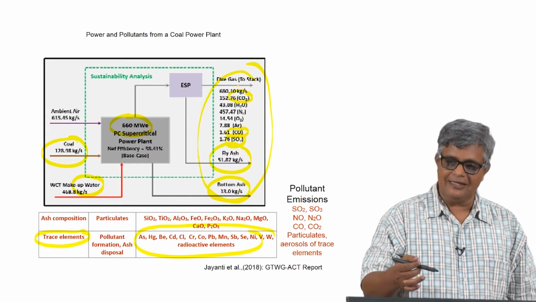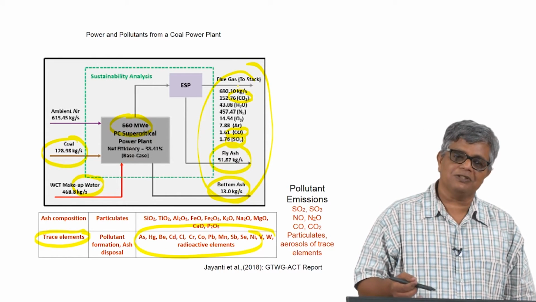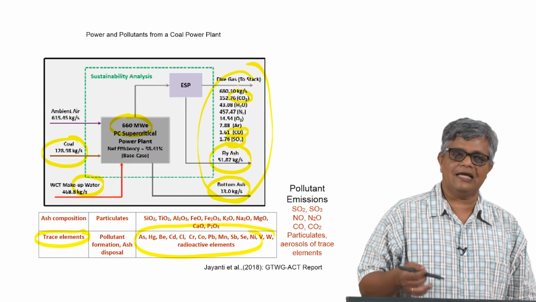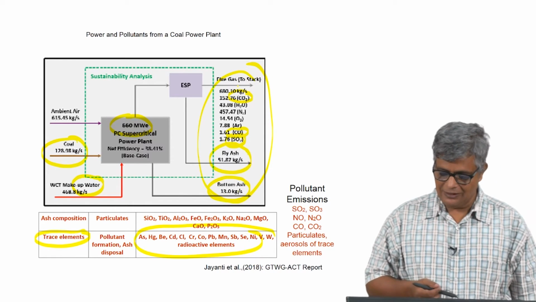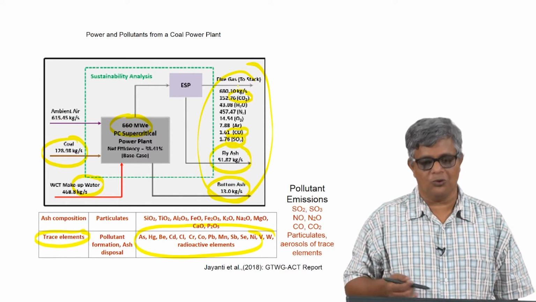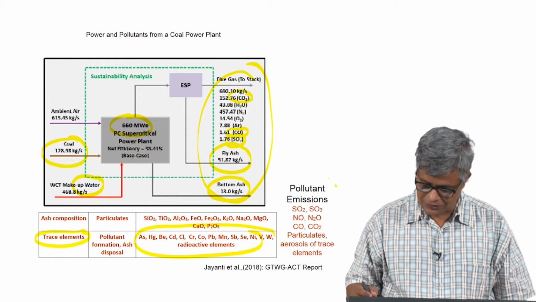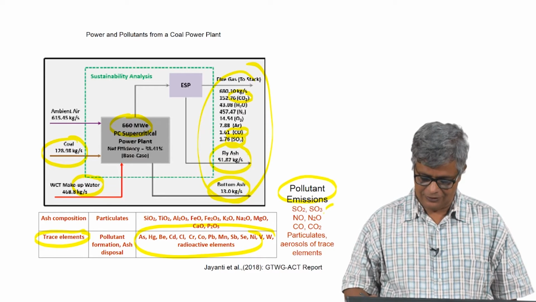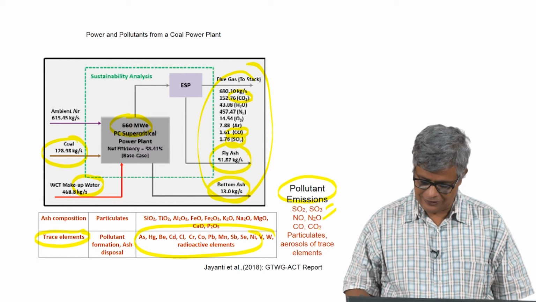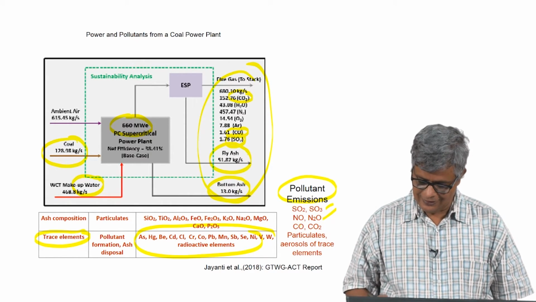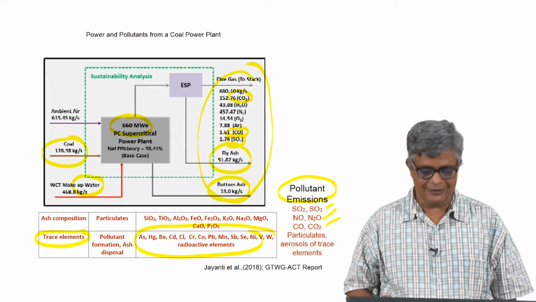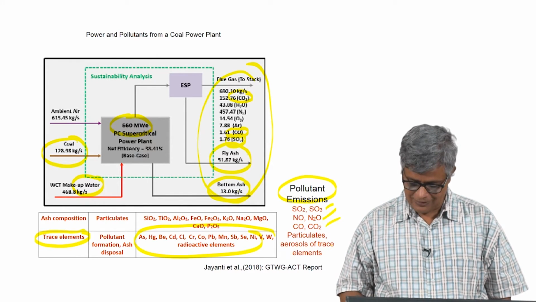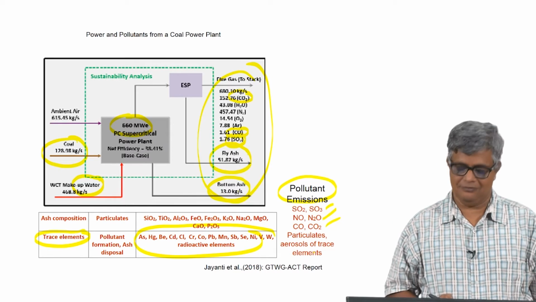So, in the quest for electrical power which is needed for our GDP generation and economic prosperity, by depending on coal we are producing large quantities of pollutants including SOx, sulfur dioxide and related compounds, nitrogen oxides, carbon monoxide, carbon dioxide, particulates, aerosols of trace elements. Okay.